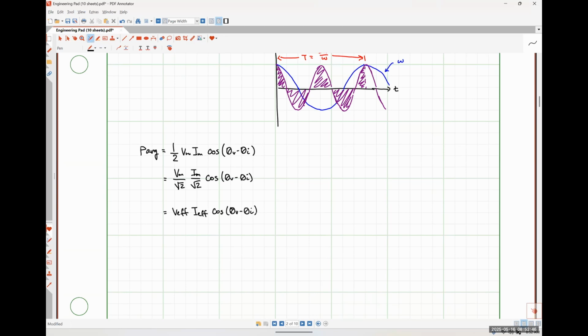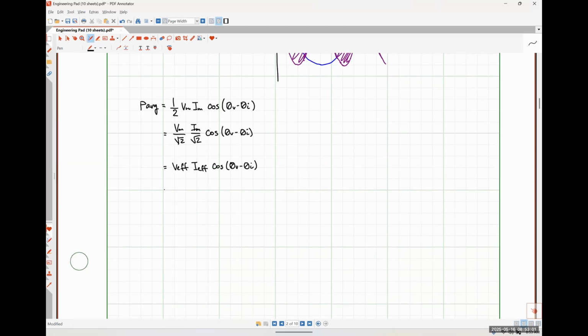So we know from Euler's identity that cosine represents the real part of a complex number, and sine is the imaginary part of a complex number. So we could say that this result here is simply the real part of the following complex operation.